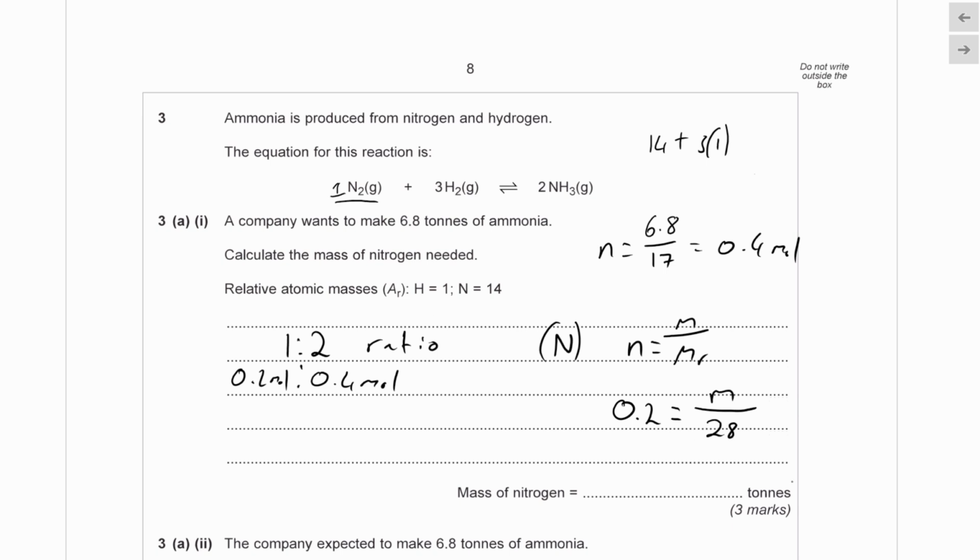All right. So then I multiply that by 28. So m is equal to 0.2 times 28. That will give me 5.6 tons. All right, so you multiply out the 28 with the 0.2 and you get an answer of 5.6. And so 5.6 is my answer.